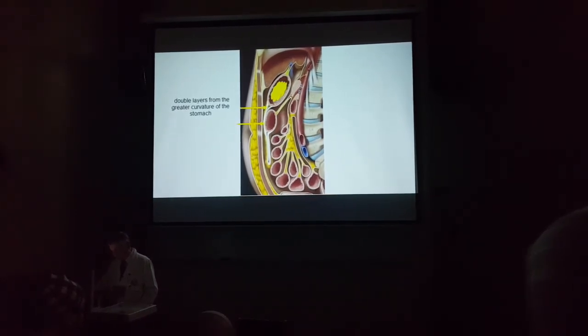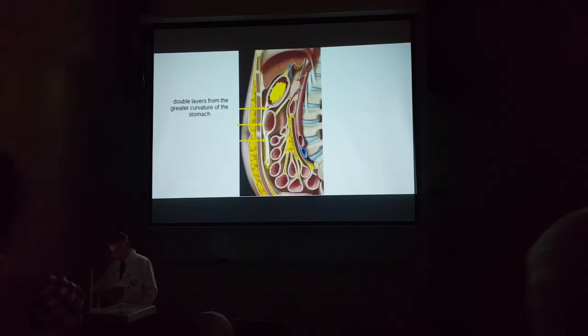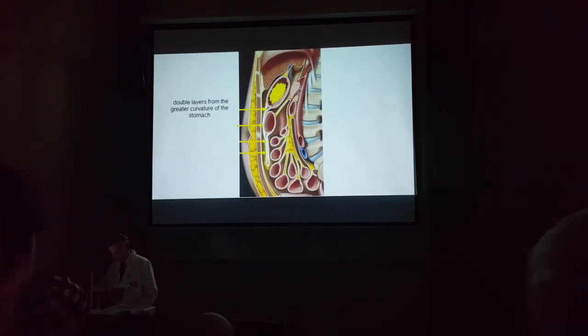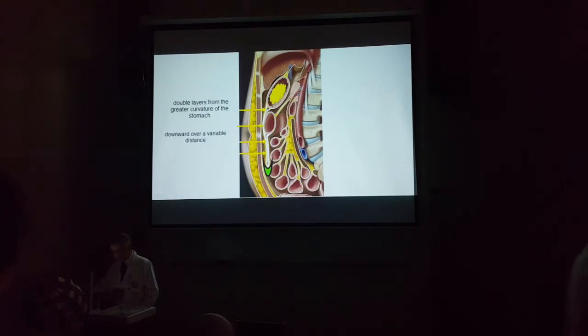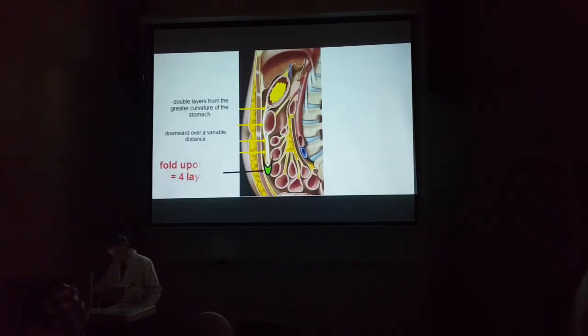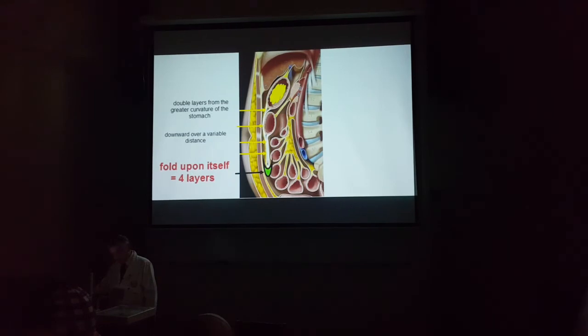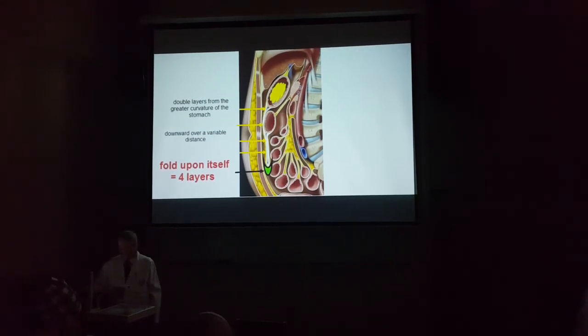These two layers come down for a variable distance. Then they turn back on themselves. When they turn back, the structure becomes 4 layers of peritoneum.